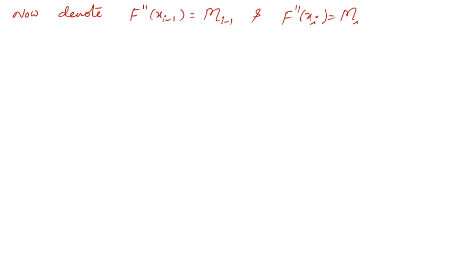Now denote the double derivative with some notation: f double dash of x_{i-1} equals M_{i-1}, and f double dash of x_i equals M_i.